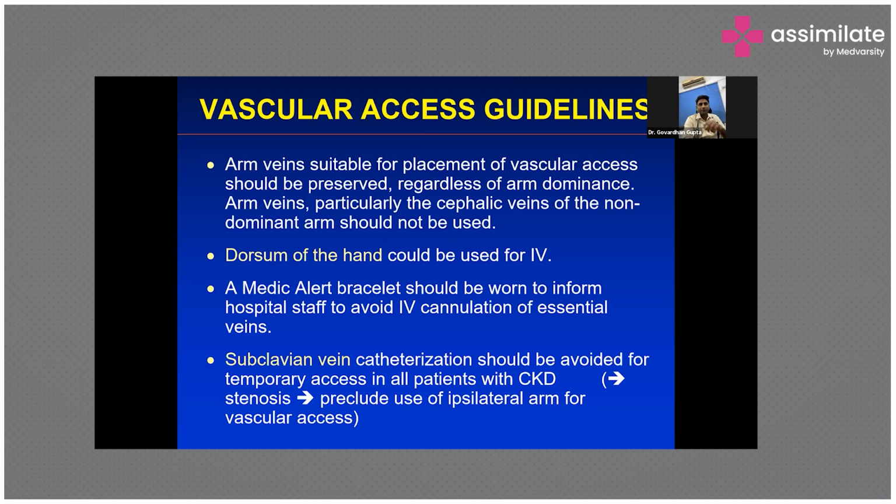But subclavian catheterization is a blind procedure, and complications like stenosis are too frequent with the subclavian veins. That is why the subclavian vein should be used for catheterization only if other options are left out.